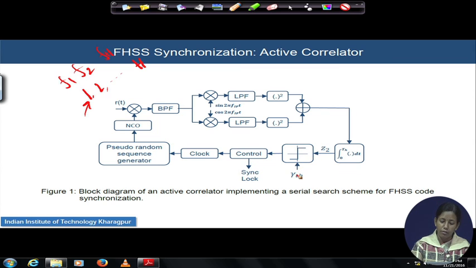When compared with gamma th, the output will be high, and hence the controller will declare the sync is locked, so that it will keep the clock phase exactly the same as before and keep on generating the pseudo random sequences.